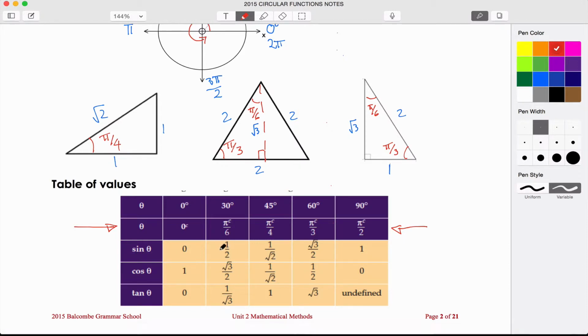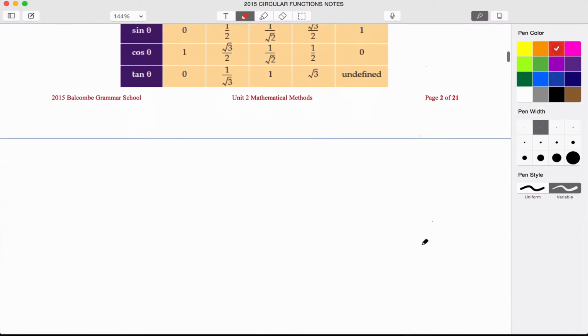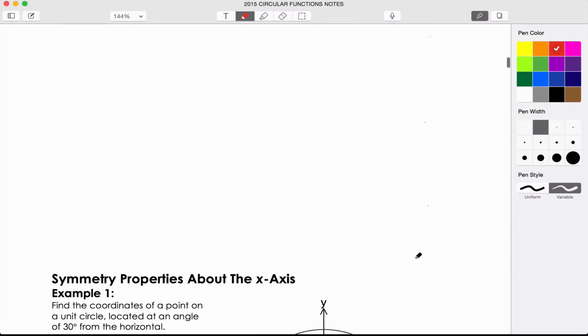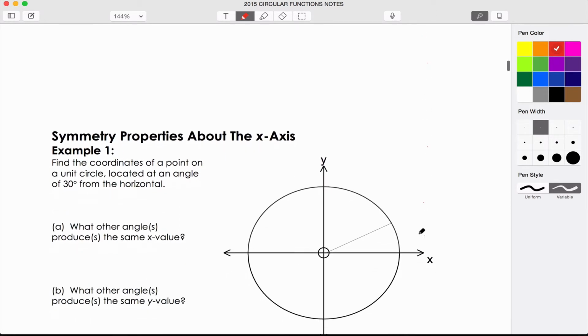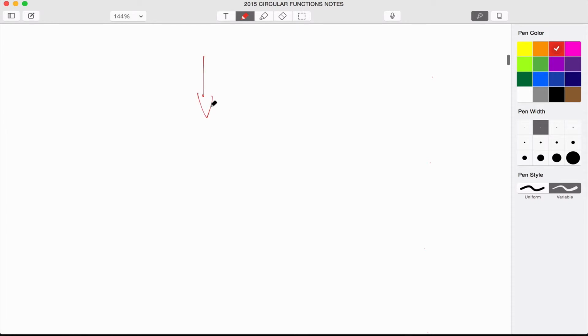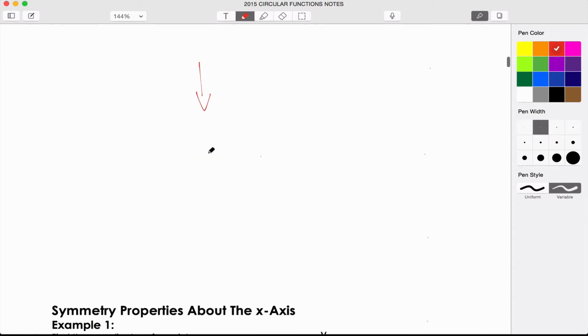You need to be able to switch between both of these values and measurements. So you do need to know how these relate to each other, and that needs to be memorized. Seems like there's a big gap in my notes for some reason. Hopefully it's not there in your notes.